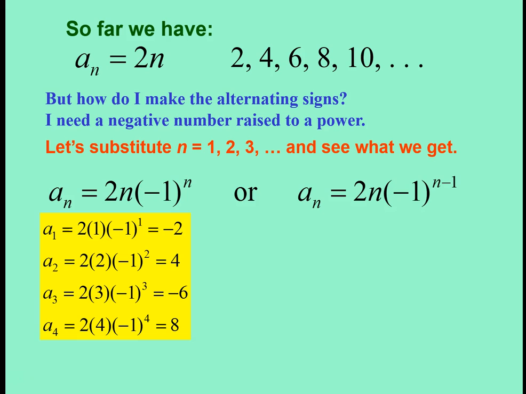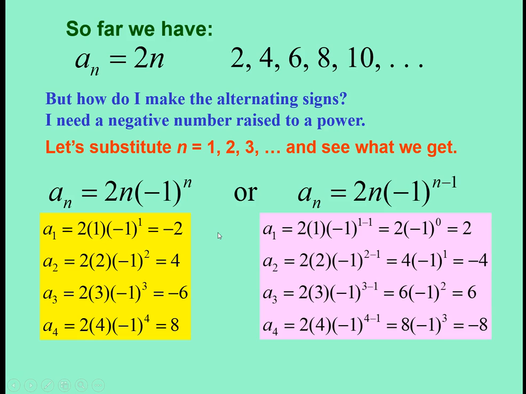In version number 1, when the term number is odd, we're raising negative 1 to an odd power, giving us a negative number. When the term number is even, we're raising negative 1 to an even number, giving us a positive term. Now when we use negative 1 to the n minus 1, we get the opposite effect.